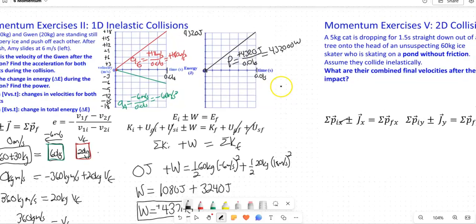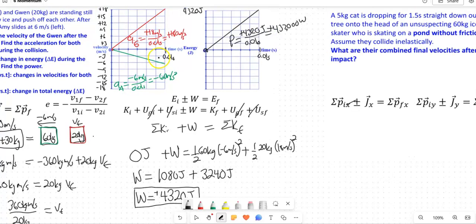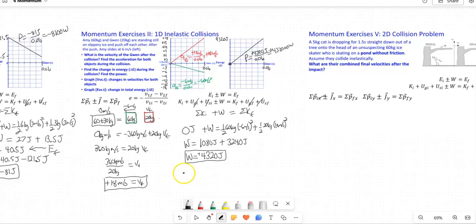That is a huge amount of energy being added to that system. So that's a large wattage. All right, we're almost done.